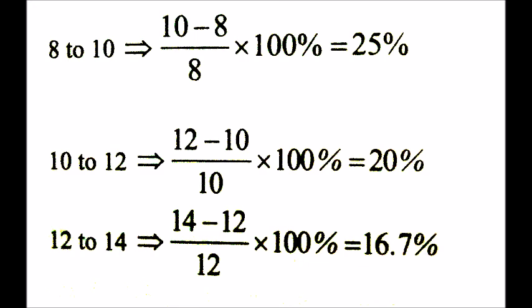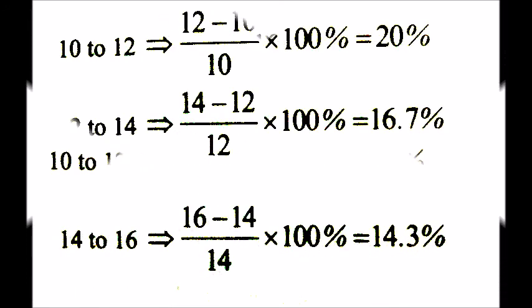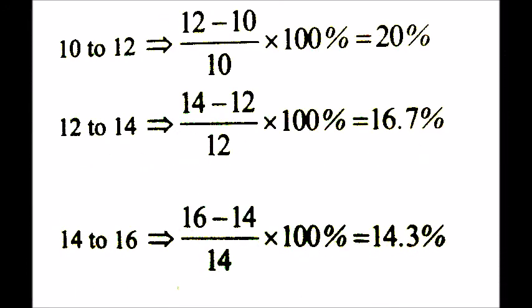Then 12 to 14, so 14 minus 12 divided by 12 times 100% will give you 16.7%. After that, you try to solve it on your own and confirm so that you get better understanding when you do your own studies.